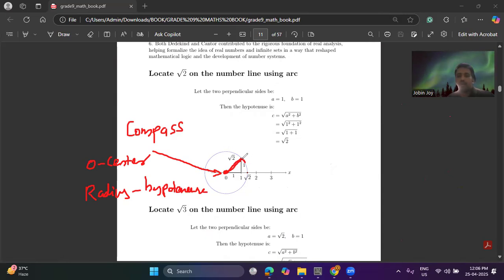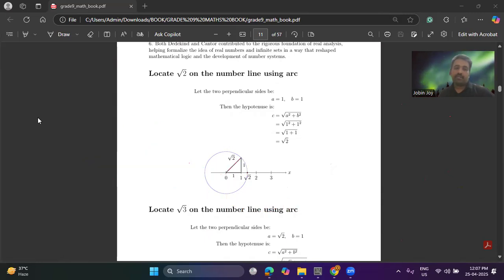Then draw an arc from here to the number line. This will be root 2. So in this way, you can mark the irrational number root 2 on the number line by using the Pythagoras theorem.